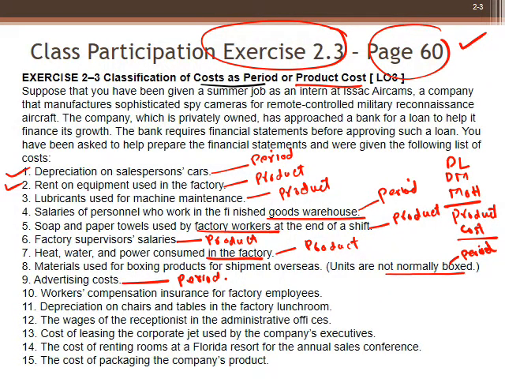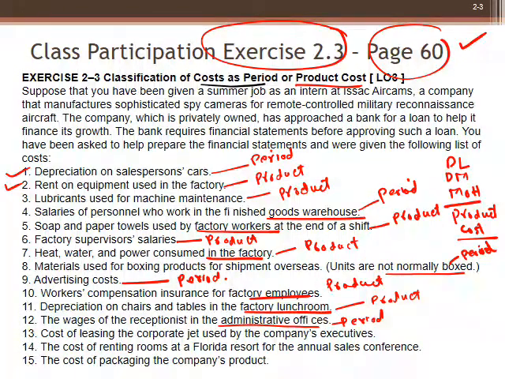Number 10, workers' compensation insurance for factory employees, belongs to manufacturing overhead, which is a part of product cost. Depreciation on chairs and tables in the factory lunchroom is also manufacturing overhead, also called product cost. Wages of the receptionist in the administrative office is period cost, since all the selling and admin costs belong to period cost.